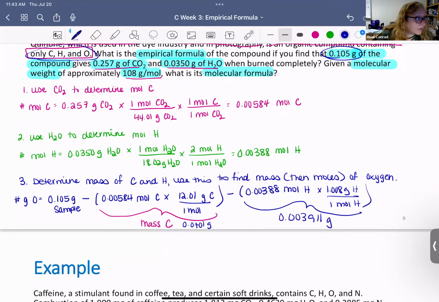Okay, so 0.105 grams minus that mass of carbon minus the mass of hydrogen gives me 0.03099 grams of oxygen.